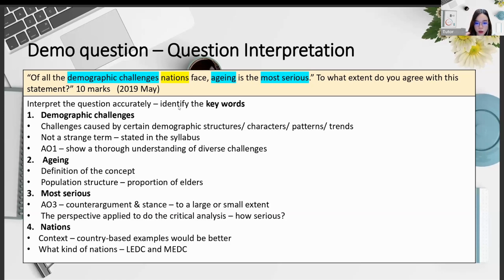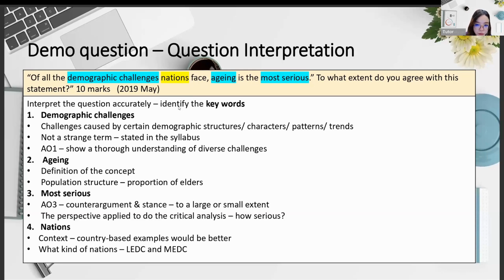If you want to argue that it's not aging, but there's forced migration in some area, for example, and it's the migrants from country A going to the capital city of another country, then maybe your examples may need to mention that capital city and explain in details. That would be fine, that's something sensible. However, in most of the cases, if possible, some country-based examples should be used. That would be better.